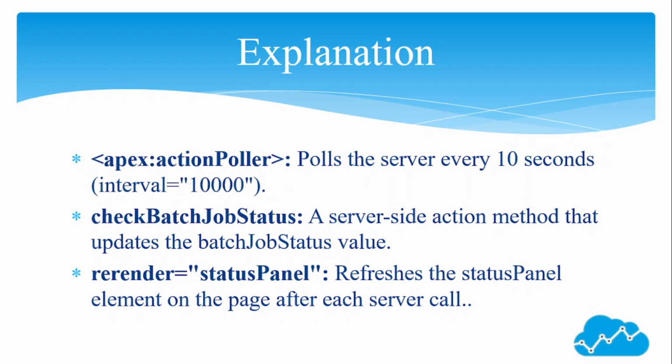Check batch job status, a server side action method that updates the batch job status value. Re-render status panel refreshes the status panel element on the page after each server call.